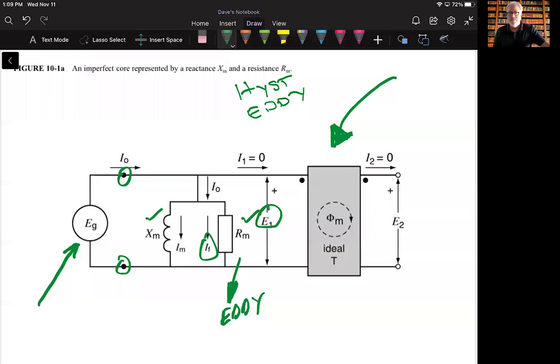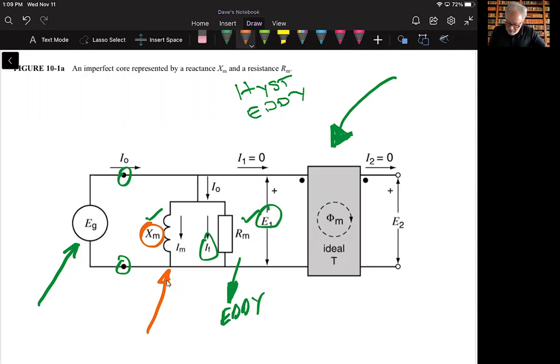Now the second part, the inductor, is probably not quite as obvious in terms of what's going on. The magnetizing reactance, X sub M, is a measure of how permeable the transformer core is. So if the permeability is really low, then X sub M is low.